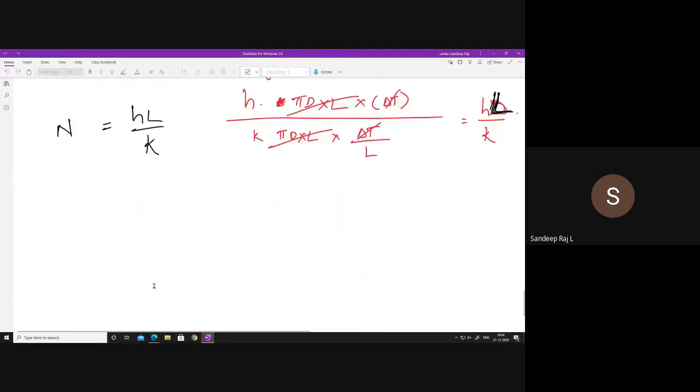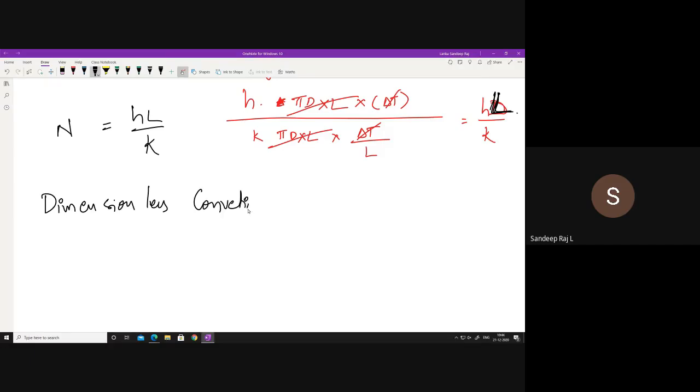What does Nusselt number represent? Nusselt number represents non-dimensional h, that is the dimensionless convection heat transfer coefficient.